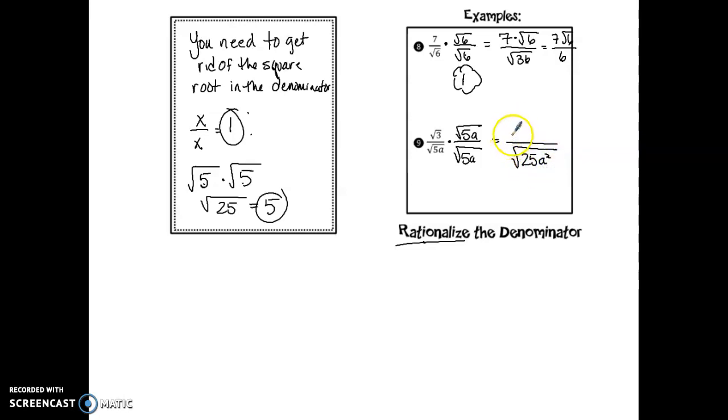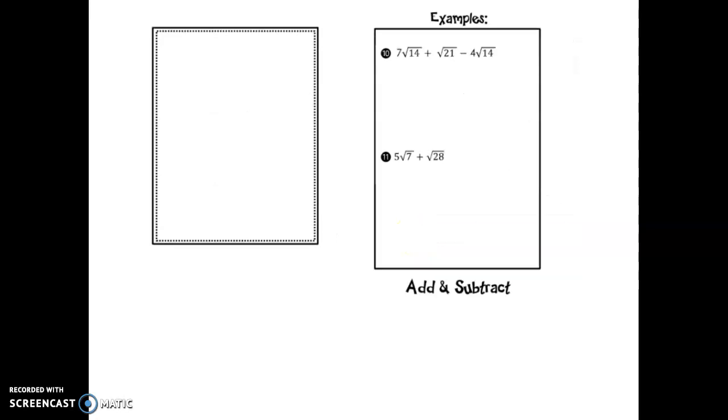And in the top, when I multiply those, I will have 3 times 5 is 15, and I have 1a left over there. But this is a perfect square. So I'm going to rewrite this as 15a over 5a. Okay, so I've multiplied the top and the bottom by the same thing. Rationalize means to get rid of the square root in the denominator.